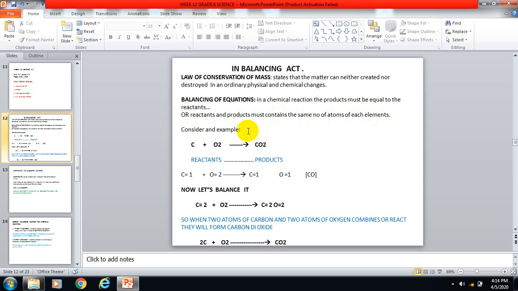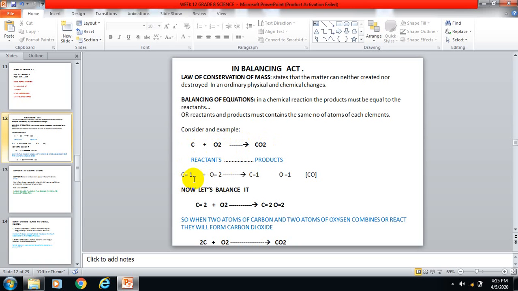Remember, consider an example. Carbon plus an oxygen molecule yields carbon dioxide, CO2. When carbon and oxygen combine, they give us what? Carbon dioxide. Carbon and oxygen are the reactants and carbon dioxide is the product.